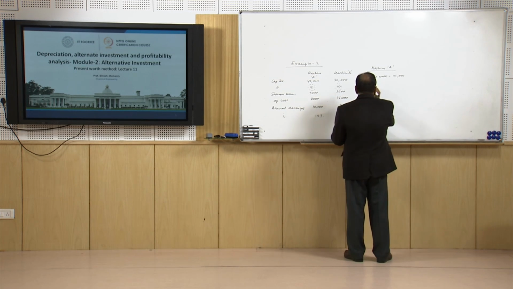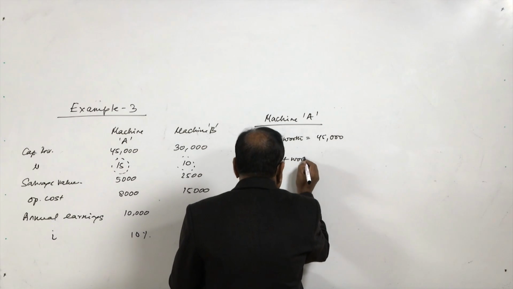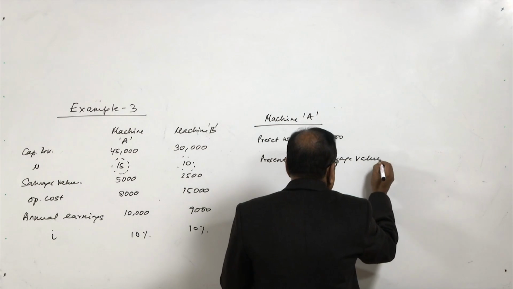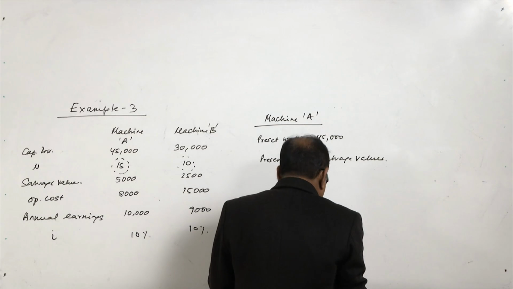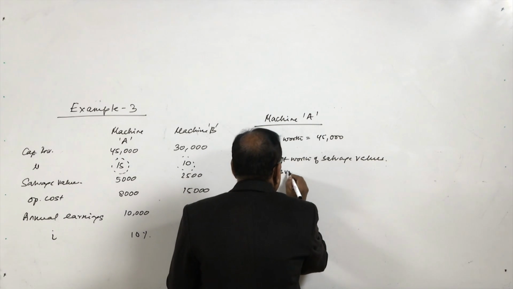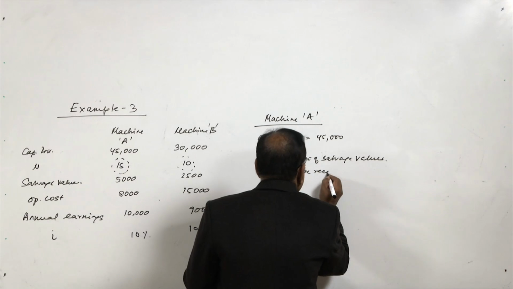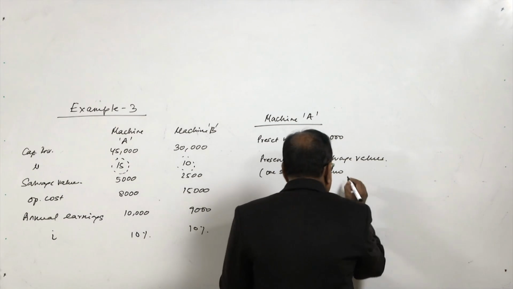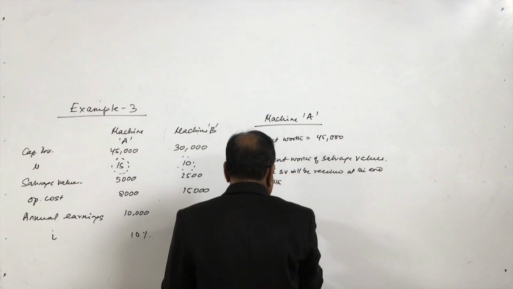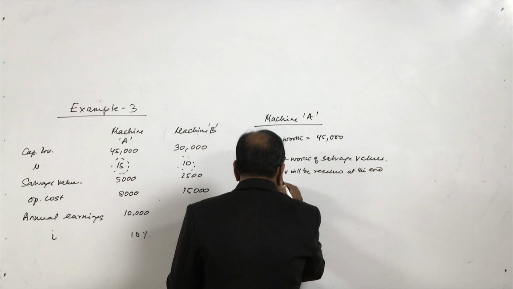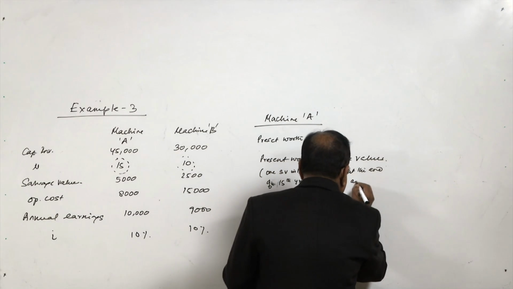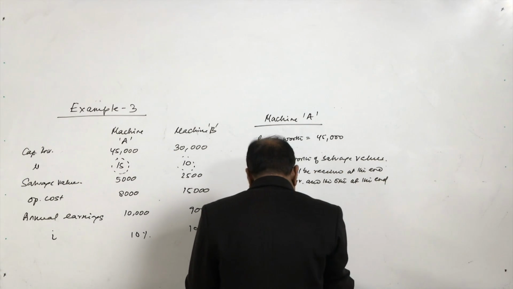Present worth of salvage values: so one salvage value will be received at the end of 15th year, and the other at the end of 30th year.